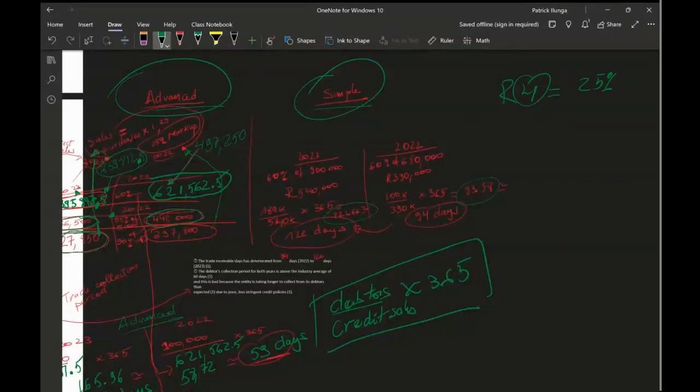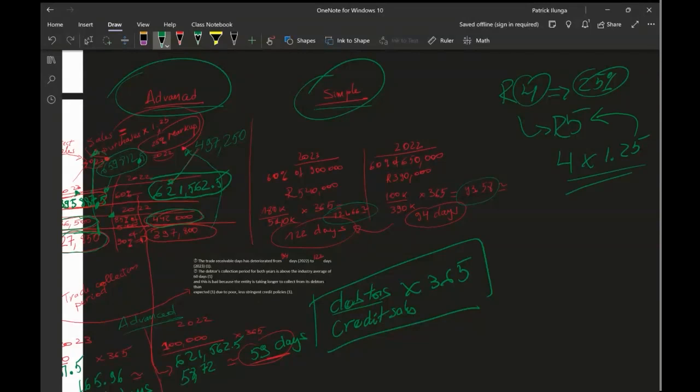How much am I going to sell it for? I bought it at 4. If I'm adding a markup of 25%, I'm going to sell it at 5. So I'm going to take 4 multiplied by 1.25. As simple as that, it gives me 5.